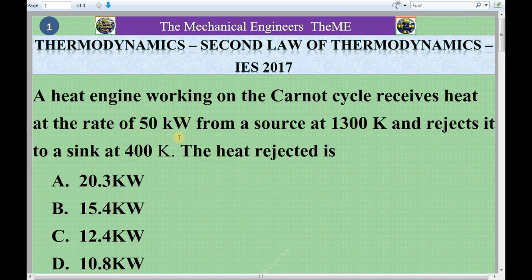But the entire 50 kilowatt of heat will not be utilized to produce work output. Only a certain portion will be utilized for producing work output, and the remaining portion of heat will be rejected to the sink. So in this question we have to find the amount of heat rejected to the sink. And the temperature of the sink is 400 Kelvin.